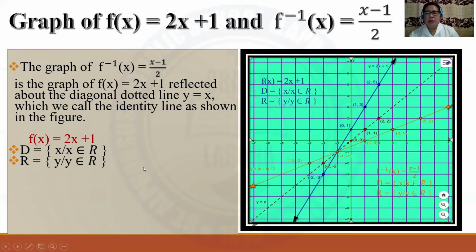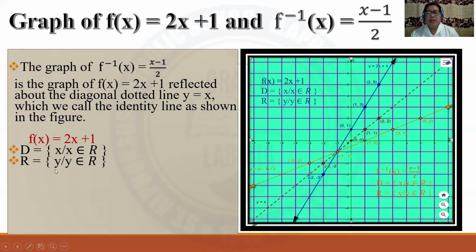By inspection, looking at the function, you can assign all values of x as you extend the line. If the line is extended to negative infinity, you can use also the value of x. So that is why we have the domain is equal to the set of x such that x is the element of real numbers.